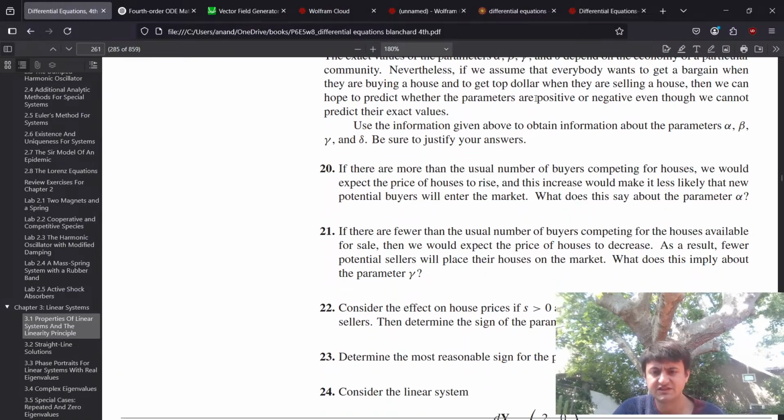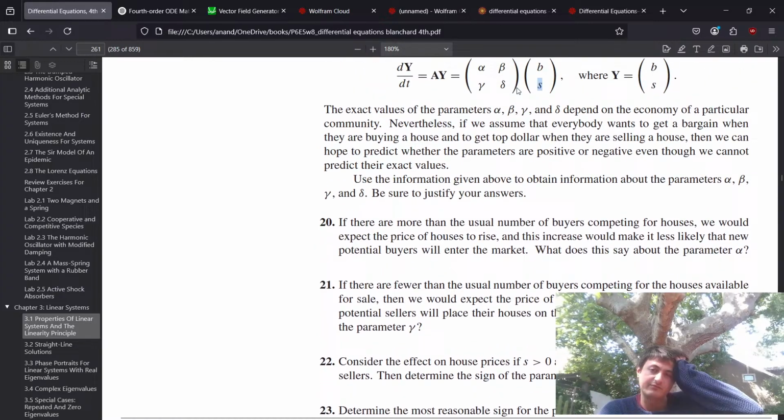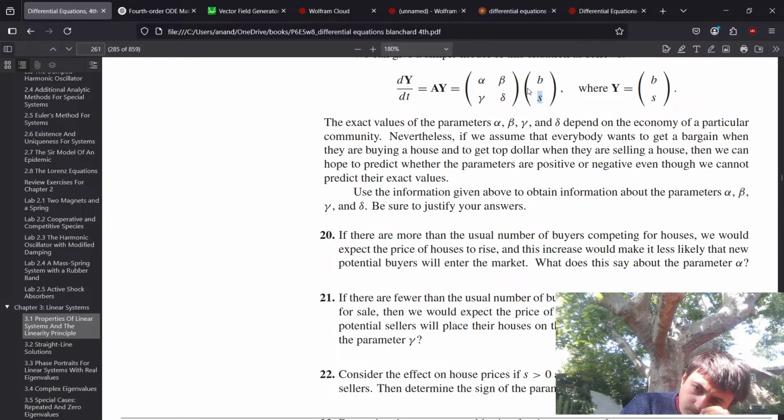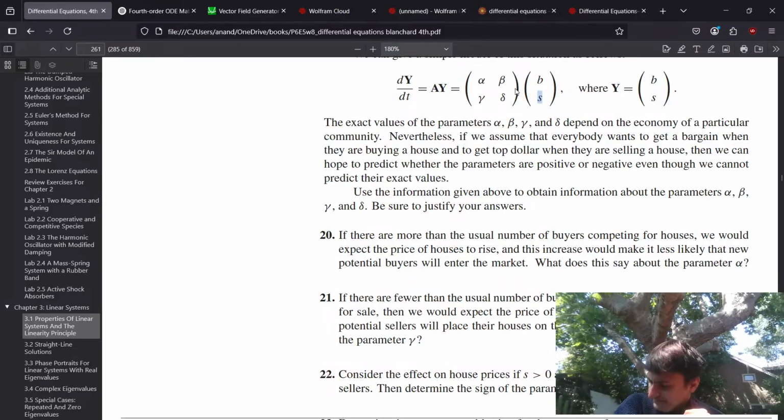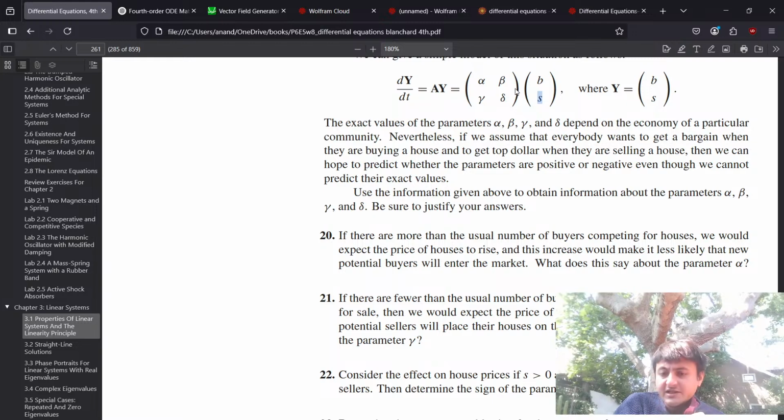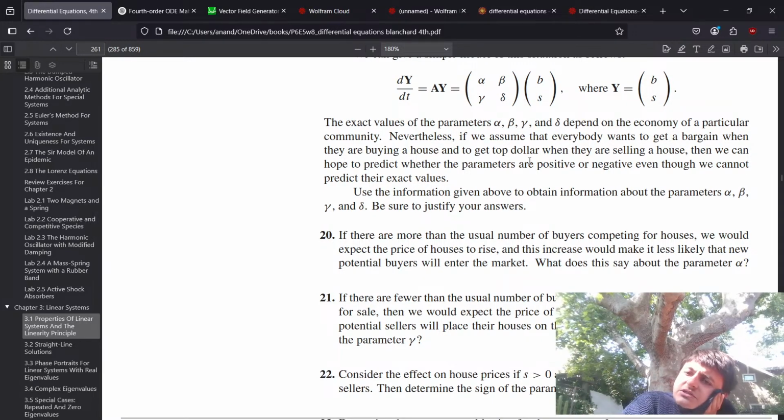And delta is, I think, going to be negative, because imagine that there's a ton of buyers and there are less than equilibrium sellers.